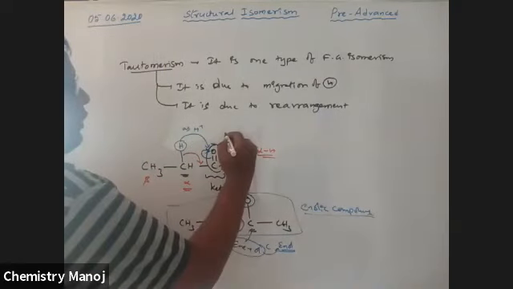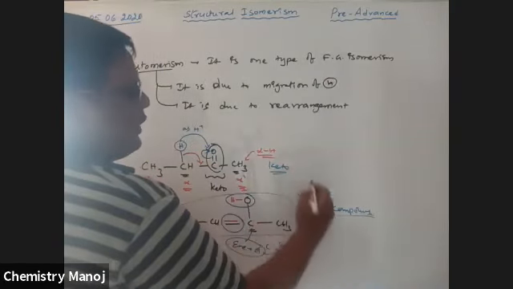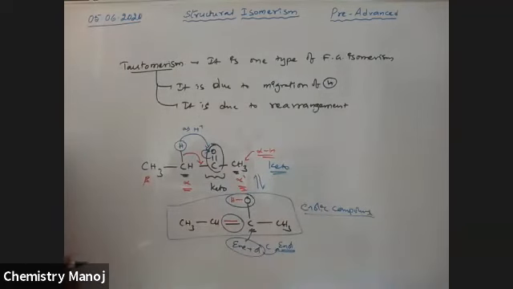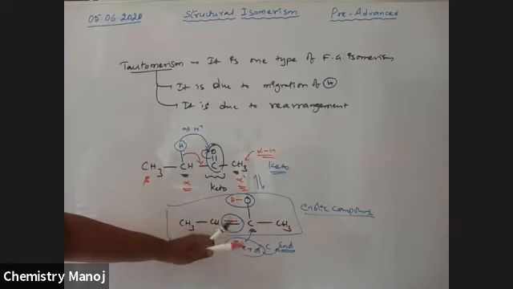It is a keto compound, changed to an enol compound. These two are interconvertible structures. This structure changes to this one, and this one changes back to this one.